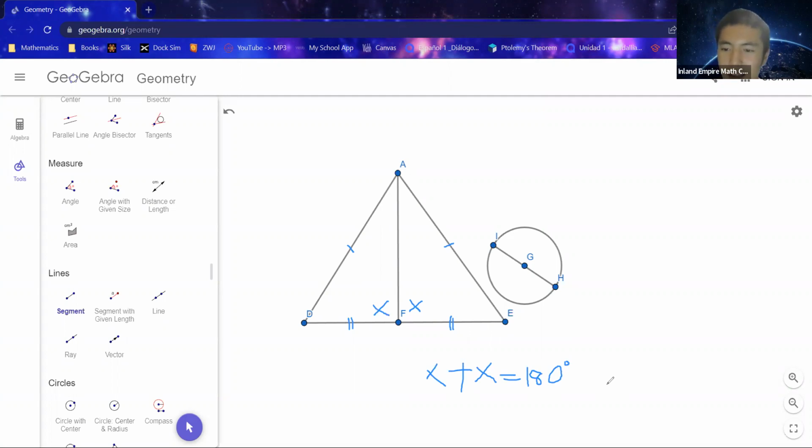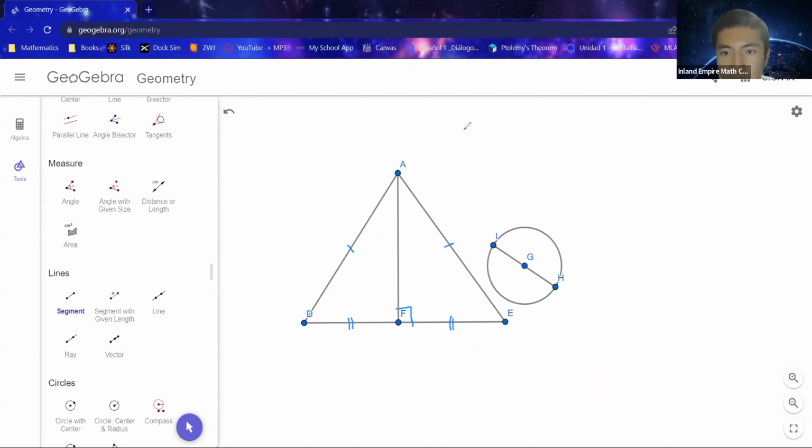It's like thinking, if you have two numbers that add up to 180, what is that number? 90. Yep, that is correct, Lloyd. Therefore, we know that these two angles are 90 degrees, which means it is indeed a perpendicular bisector.